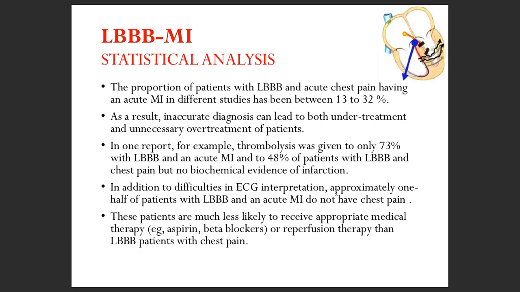Wide QRS tachycardia, unless and until proven otherwise, treat it as ventricular tachycardia, always. But start thinking about the differential diagnosis, which I already mentioned: the bundle branch block, is it an SVT with aberrancy and all those things.